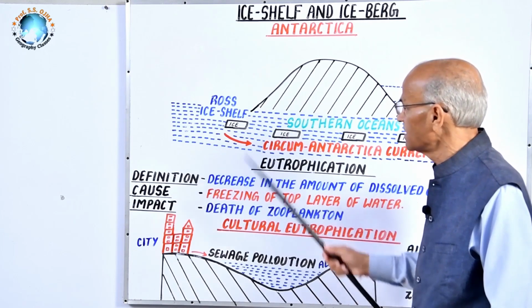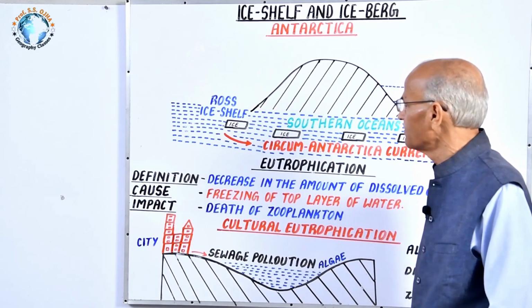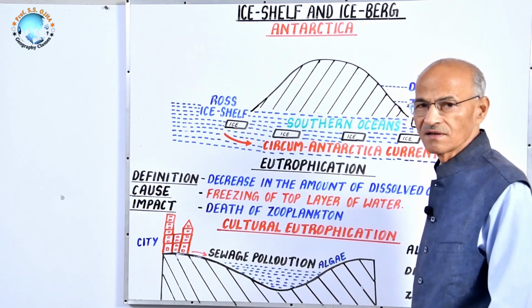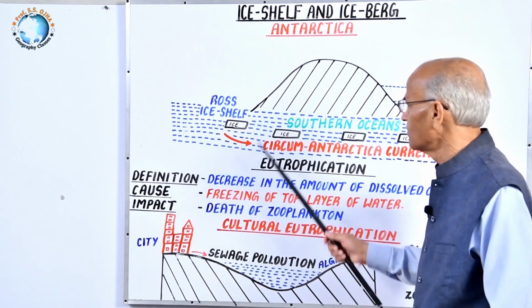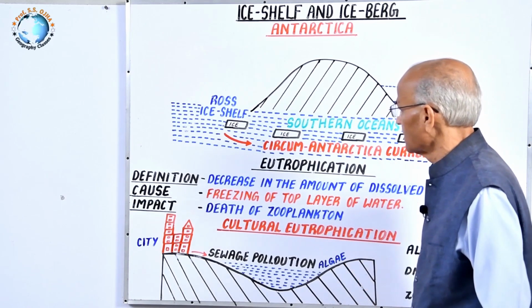There is a very great ice shelf that was once also asked in civil prelims, that is the Ross ice shelf, and in the Ross ice shelf there is a volcano, Mount Erebus. There is an active volcano, Mount Erebus. Thus, this is about Antarctica.